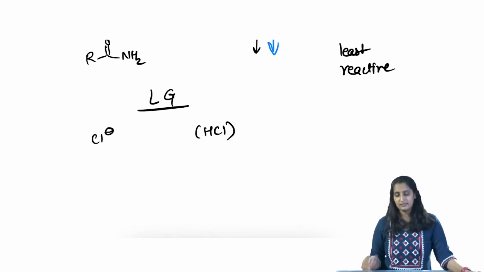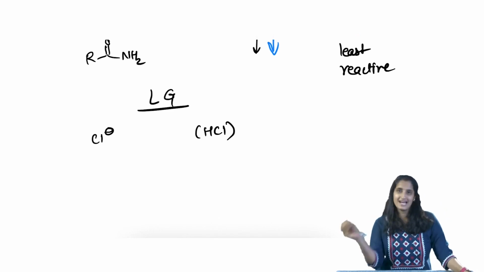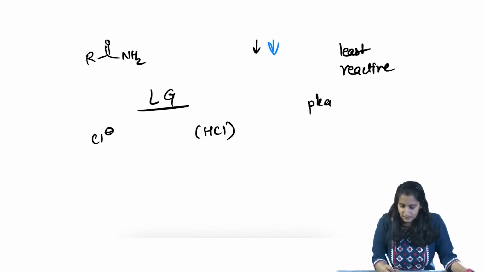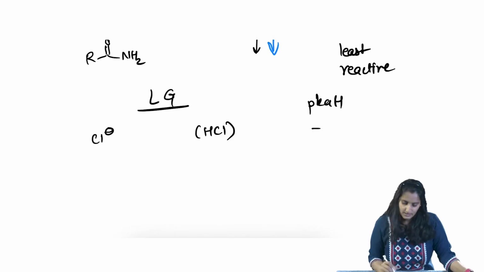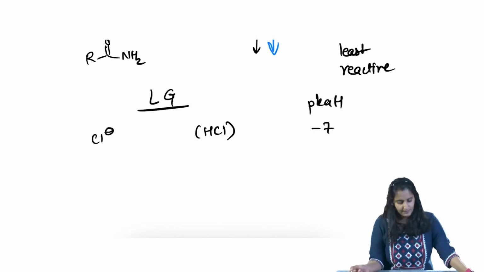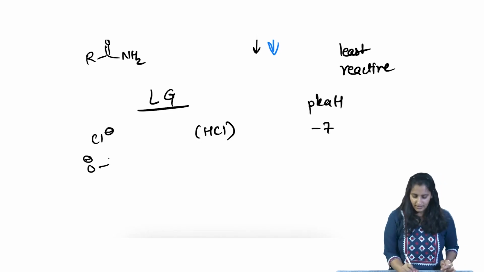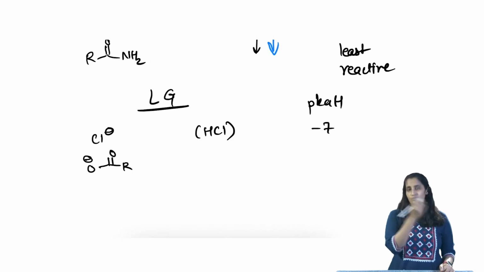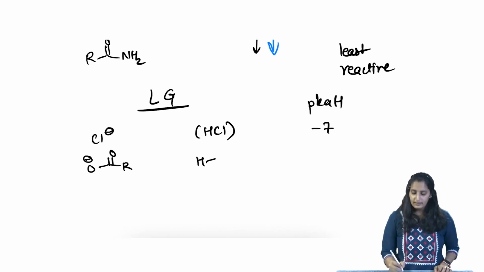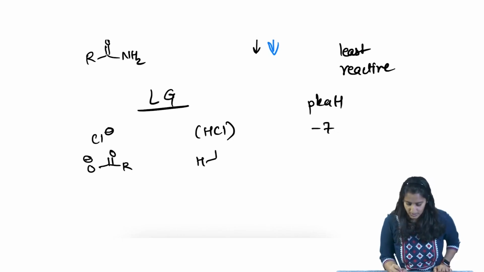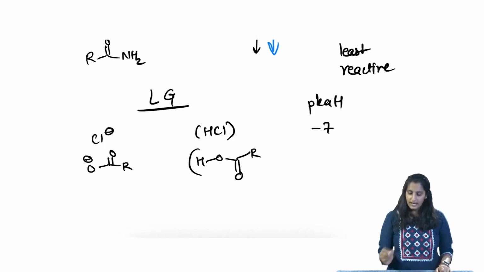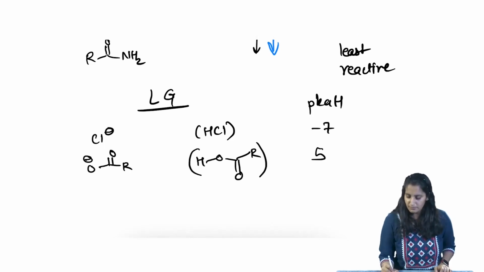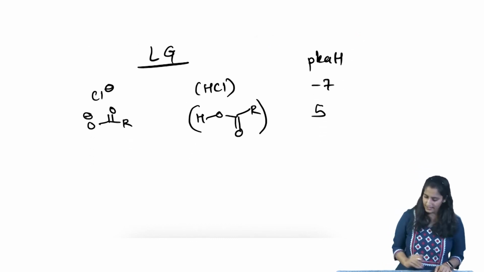So, the conjugate base has the acid as HCl, and the pKa(H) of this acid is -7. Okay. In the case of anhydrides, the leaving group is RCOO minus, right, and the corresponding acid will be a carboxylic acid. Okay. And that is going to have a pKa(H) of approximately 5.